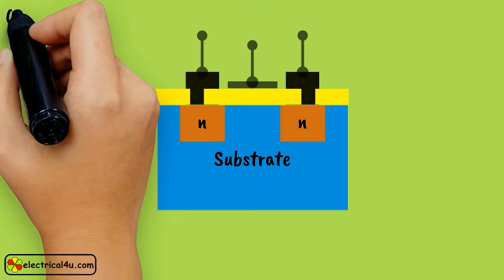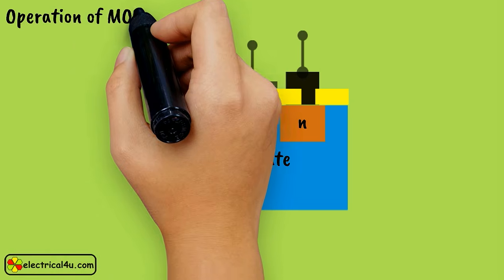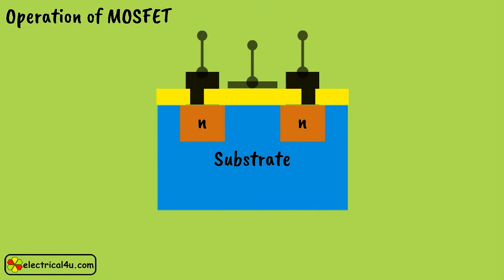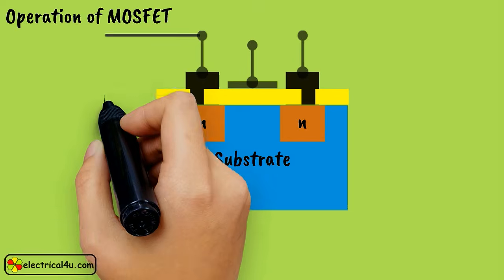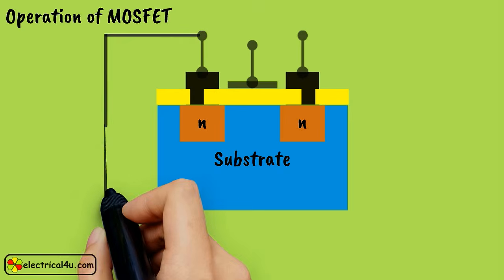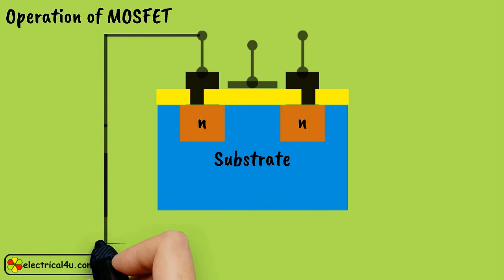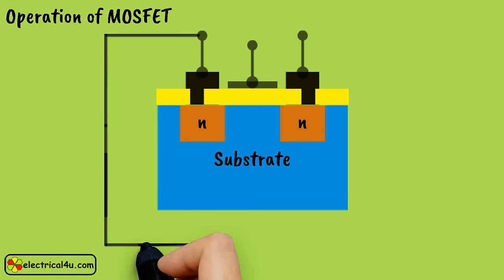Now we will come to the operational features of MOSFET. For that, we have to connect one DC voltage source between these two N-type regions.